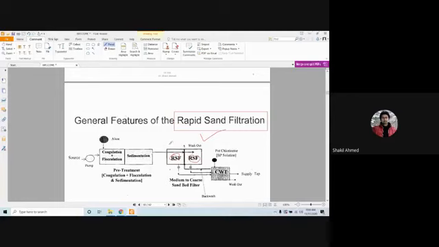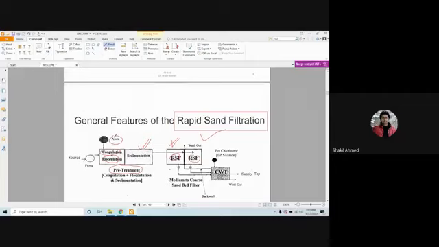Before the rapid sand filter process, again you need to pre-treat the water by sedimentation, and before sedimentation you apply coagulation and flocculation by using an alum dose. What is alum? Aluminium sulfate connected with water molecules. Is it clear?